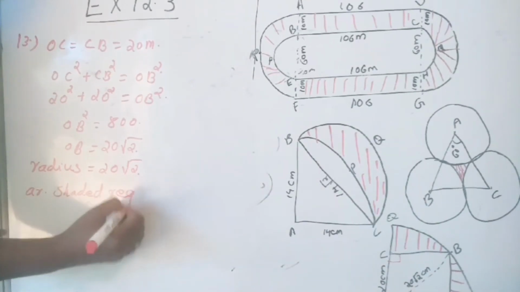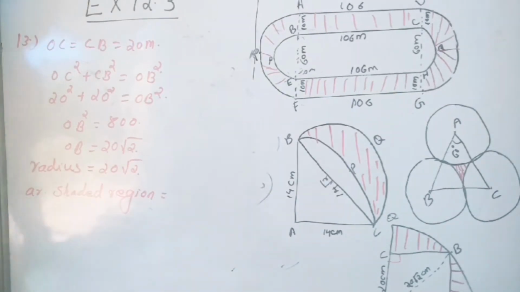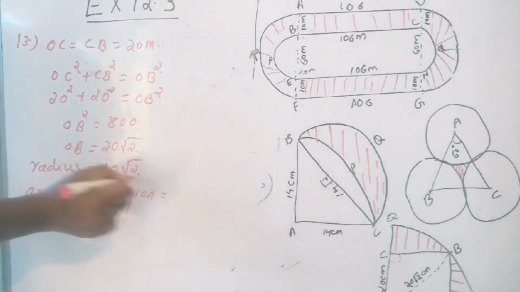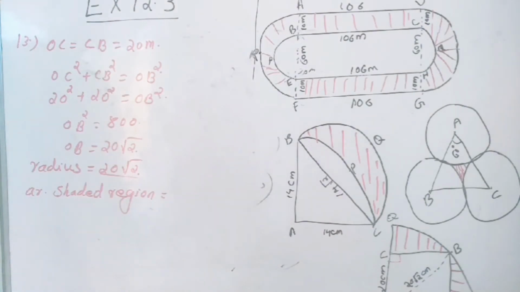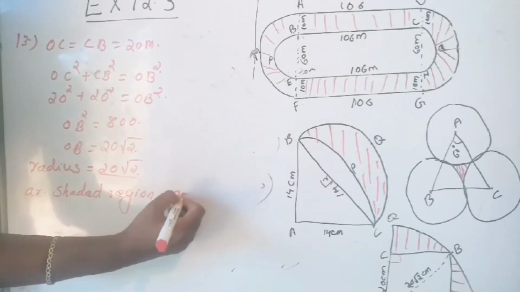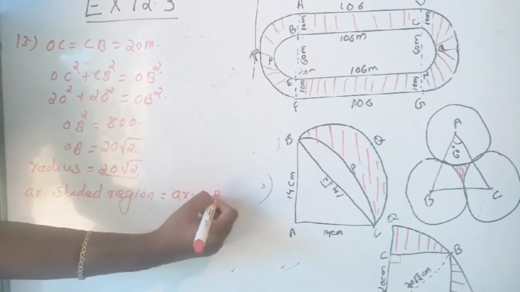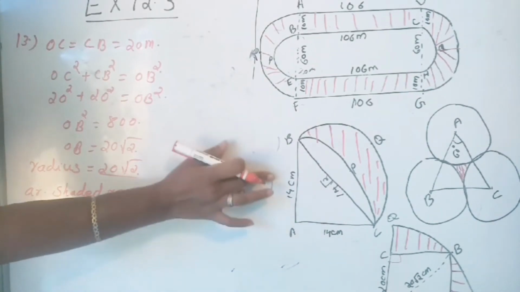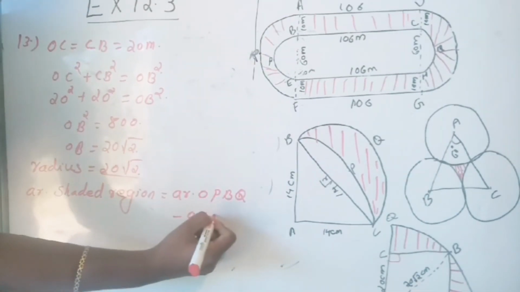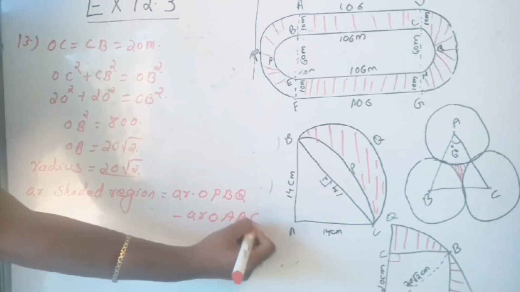How can we find out the area of the shaded region? In our question it is given that OPBQ is a quadrant. And now we know the radius of that circle, that is 20 root 2. And OABC is a square. So the area of the shaded region is equal to area of OPBQ minus area of OABC.